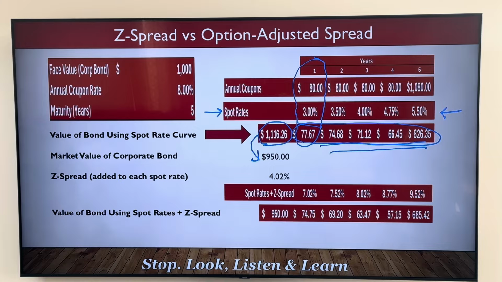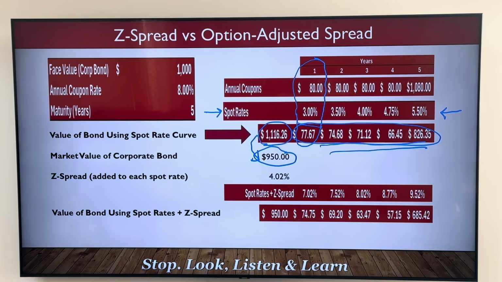So let's say we go to the Bloomberg terminal and we look up the current market value of that bond, and we see that the current market value of the bond is $950 and not $1,116.26. Then the question becomes, okay, did we make a mistake? Why is there such a difference between the value of the bond that we came up with utilizing the spot rate curve and what the value of the bond is in the marketplace?